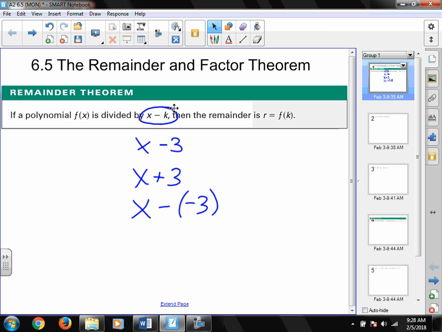So, yes, minus a negative is the same thing as plus. So we can have both of those. So the number that you're working with, that k value, is going to have the opposite sign of what you see. When you see a plus, you're working with a negative 3, and when you see a minus, you're working with a positive 3.